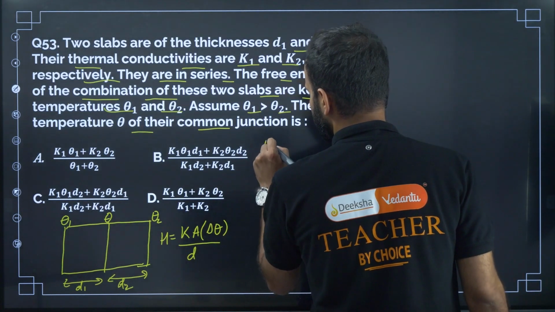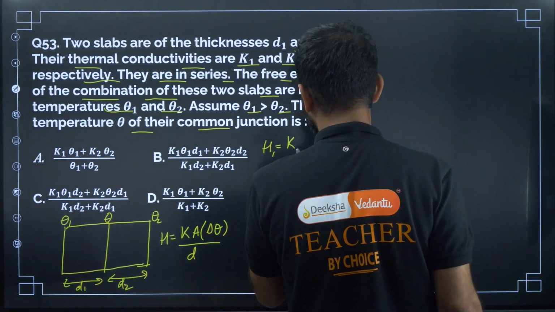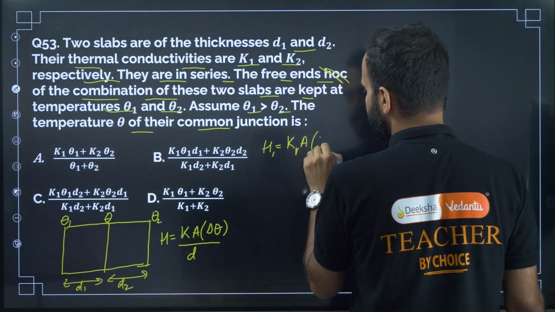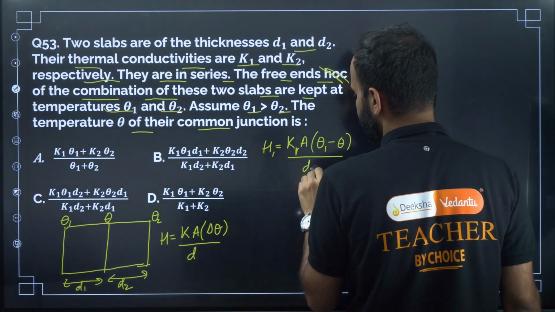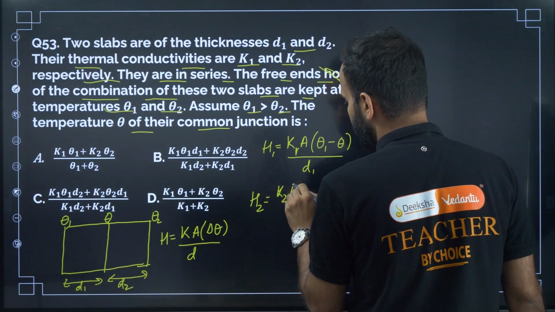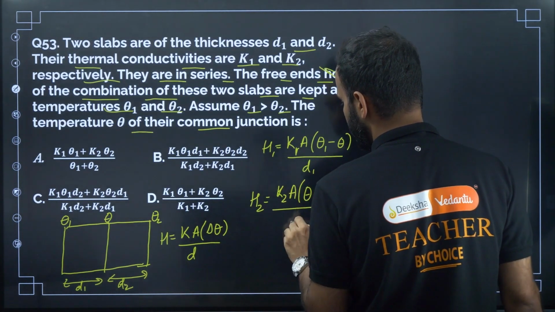So now H1 is equal to K1 into A into (theta 1 minus theta) divided by D1. Here H2 is equal to K2 into A (theta minus theta 2) whole divided by D2.